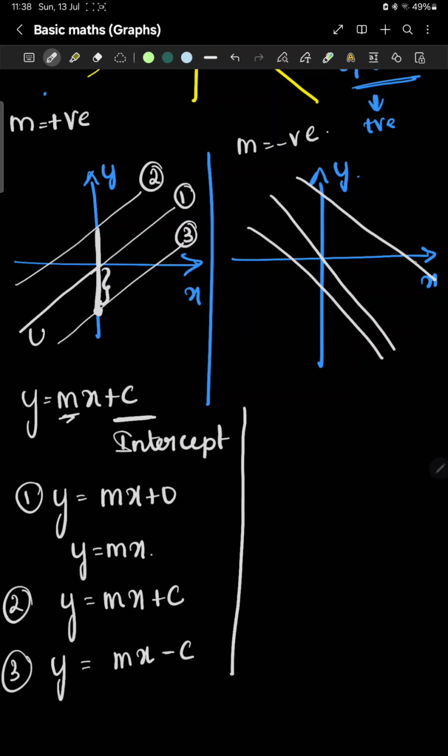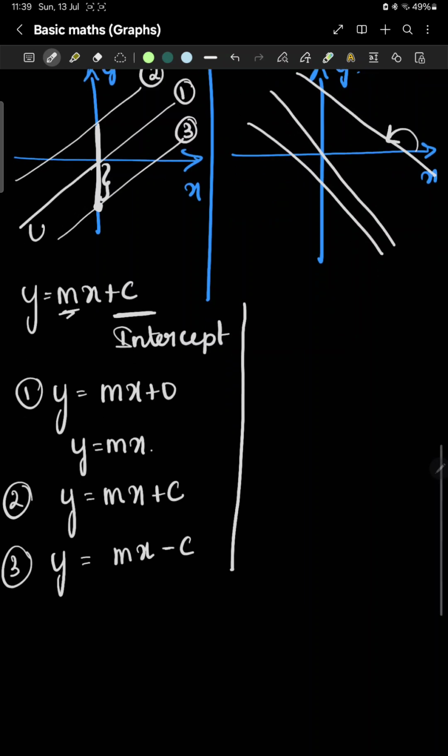Let us consider a line that is passing here, and see here the angle is greater than 90 degrees, so obviously it passes through the second and fourth quadrant. So from this I can say that the slope is negative.